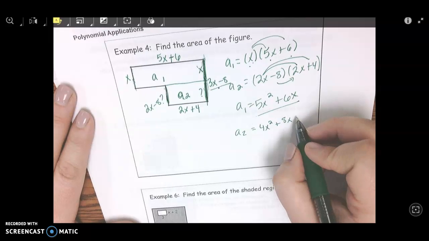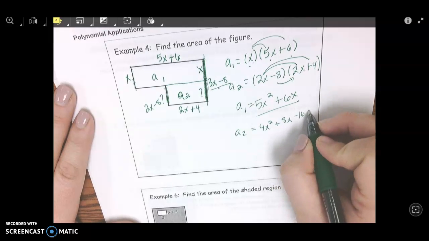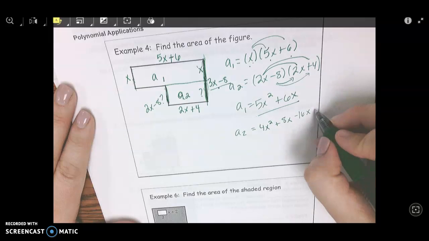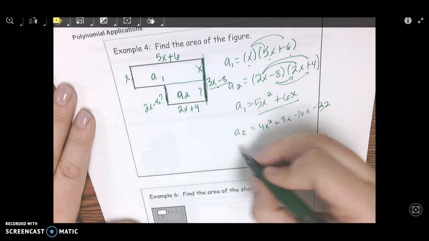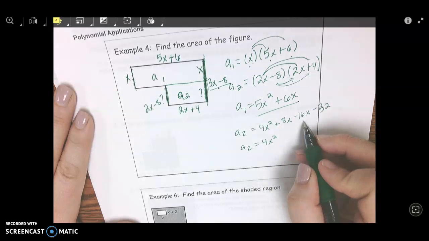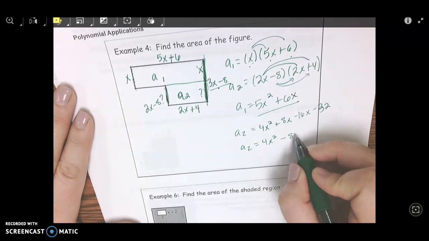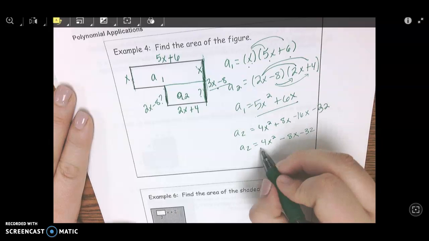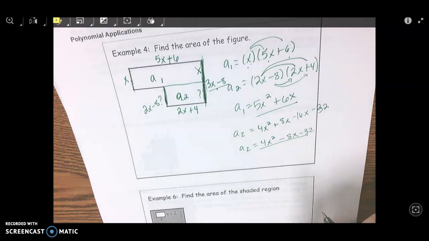Negative 8 times 2x is negative 16x. Negative 8 times 4 is negative 32. So we have 4x squared. What's 8x minus 16x? Minus 8x, minus 32. You're going to combine the two things that I underlined.